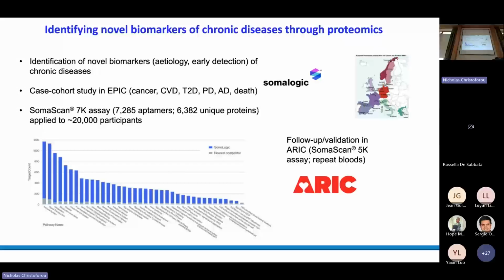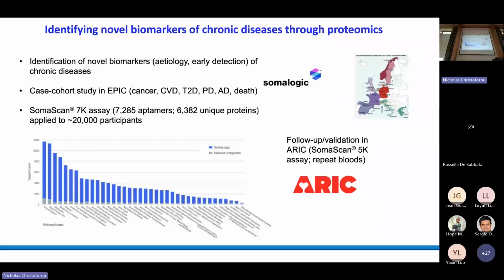So this study with SomaLogic, which we started a few years ago now, the idea was really to identify novel biomarkers of different chronic diseases, both etiologic biomarkers, but also markers of early detection of disease. So we established a case cohort in EPIC.